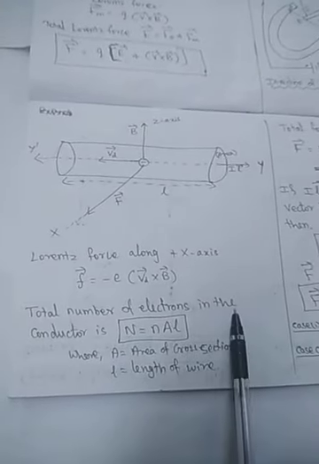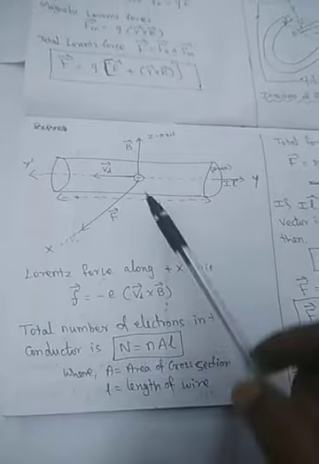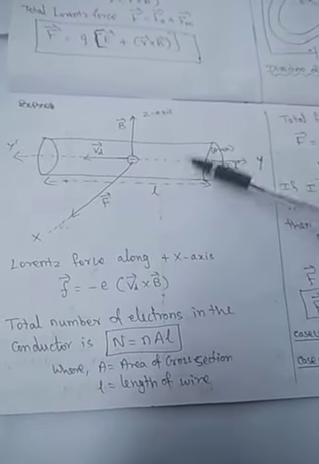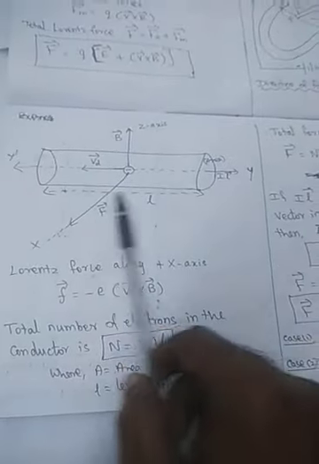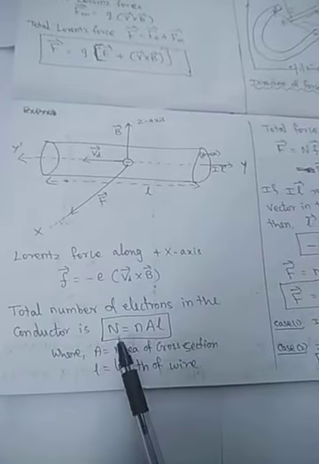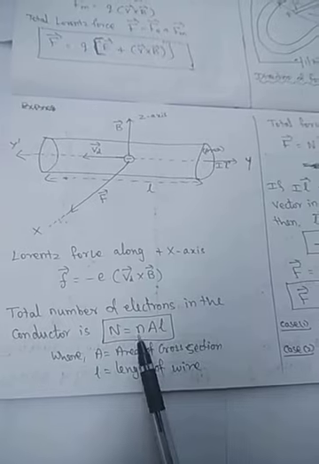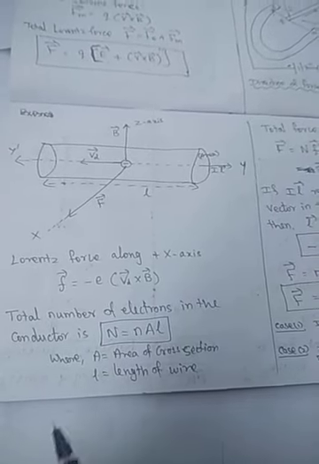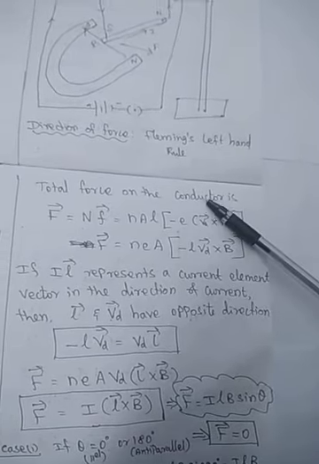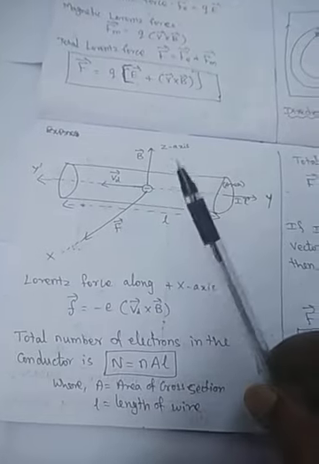The total number of electrons depends upon the area of cross section and the length of the wire. So the total number of electrons N is equal to n into area of cross section into length, n A L. The force we wrote represents the Lorentz force on one electron.